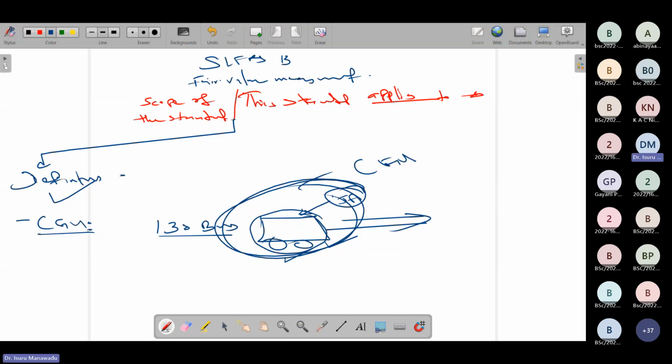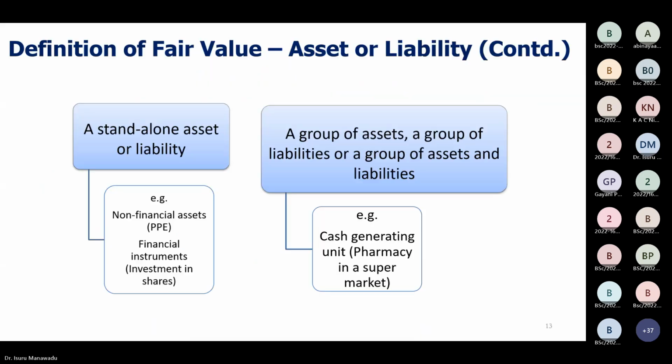That's why we divide this into two: standalone assets or liabilities, and a group of assets or liabilities. Right? Okay.